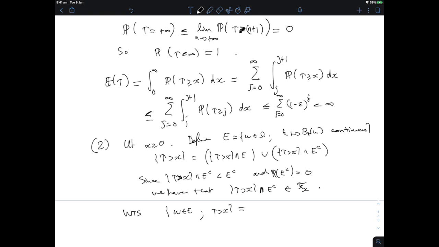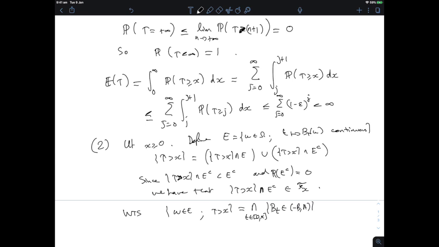So what does that mean, staying in the interval? It really means that Bt belongs to (-b, a), and so what you need is to be in the intersection of all those sets for t running between 0 and x. Up to the time x, you still haven't got out of the interval.